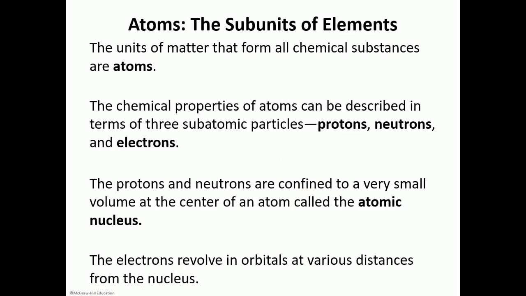First off, we have to kind of go way back to high school to remember what are atoms, neutrons, and protons, and so on. So the atom is the unit of matter that forms all of the chemical substances. It is basically the smallest building block of anything of matter. Okay, that matter could be a gas, liquid, or a solid.